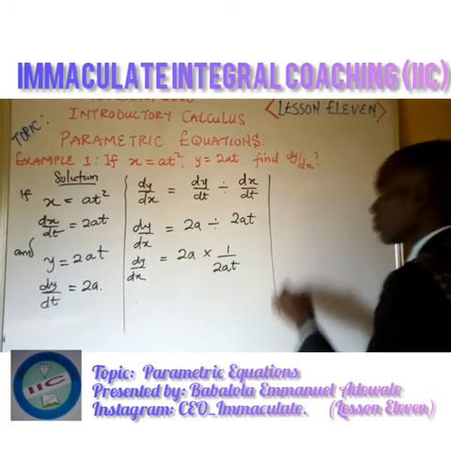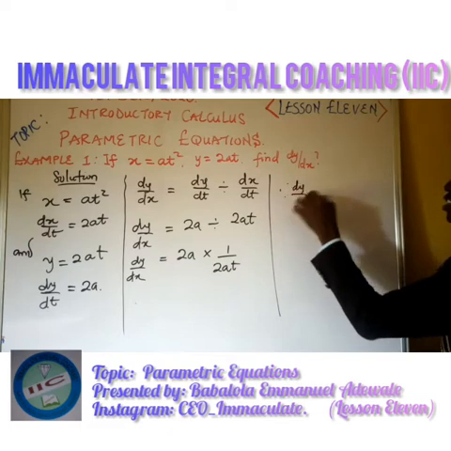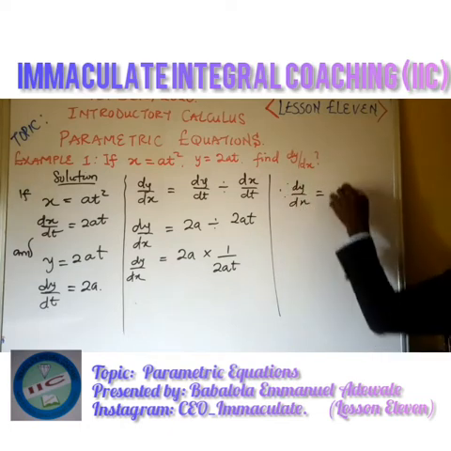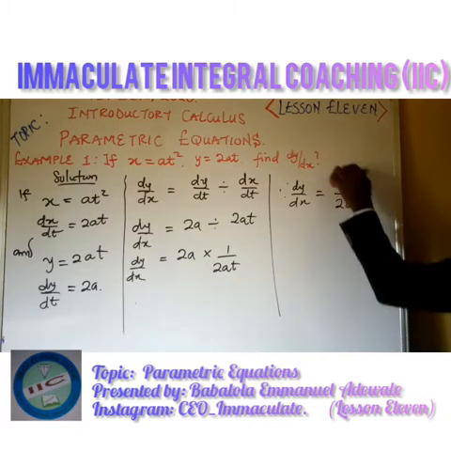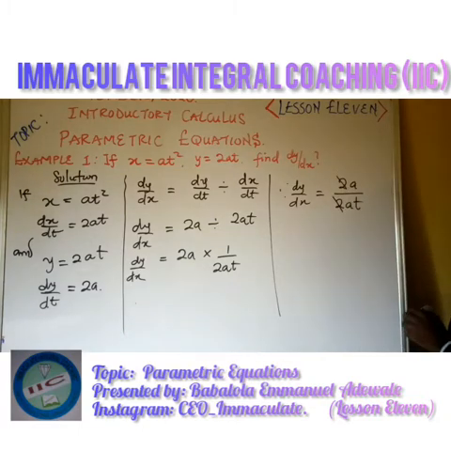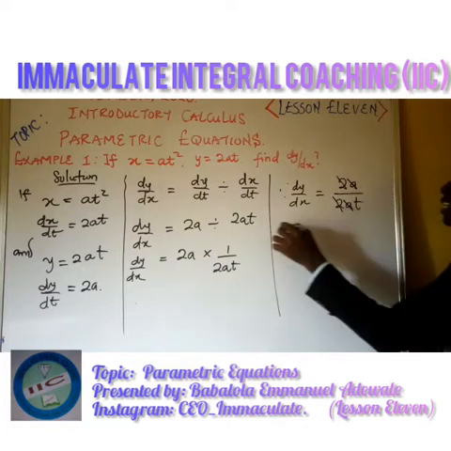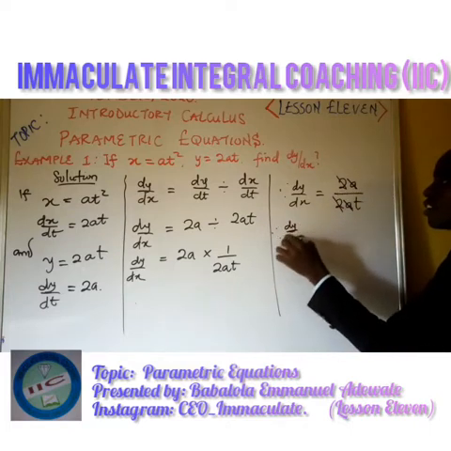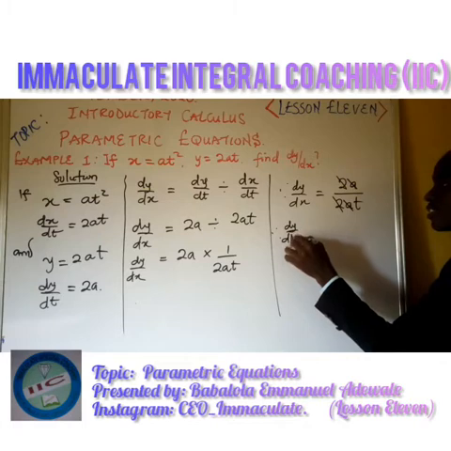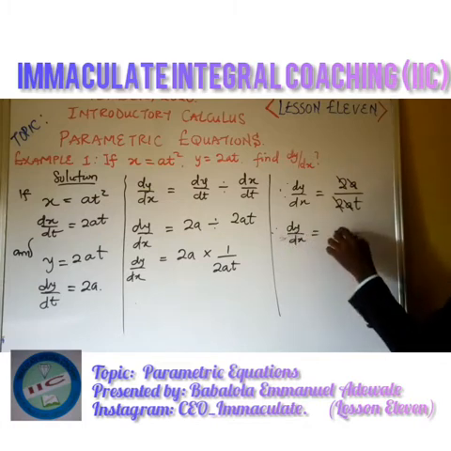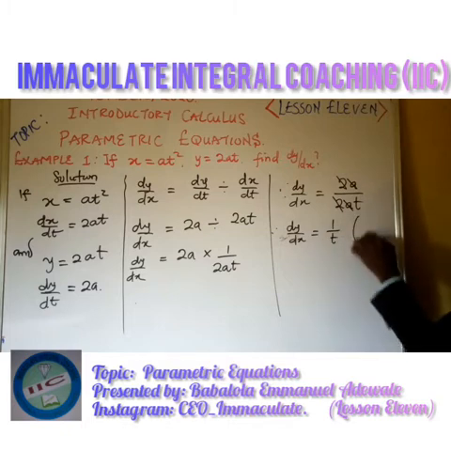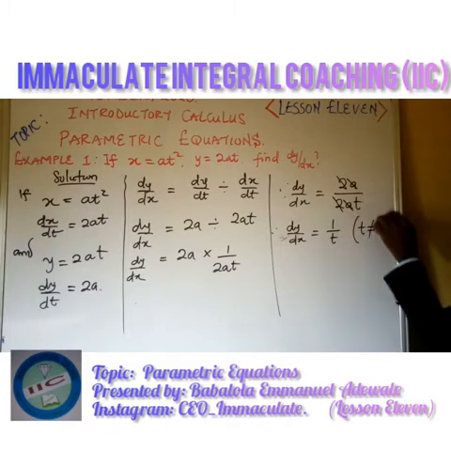Therefore our dy/dx equals 2a over 2at. We cancel 2, we cancel a. Therefore our dy/dx equals 1 over t, as t is not equal to 0.